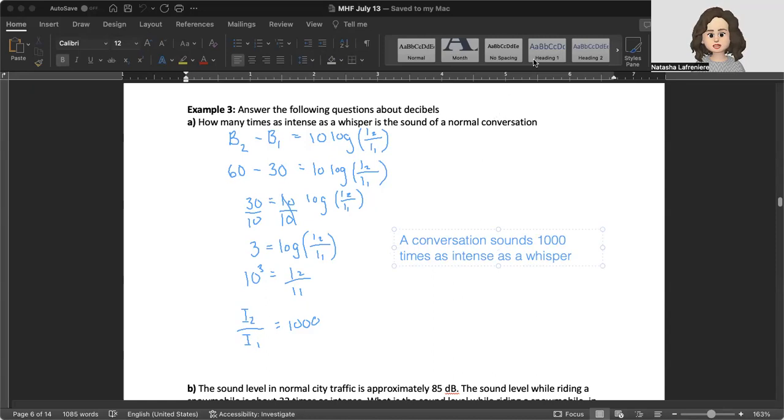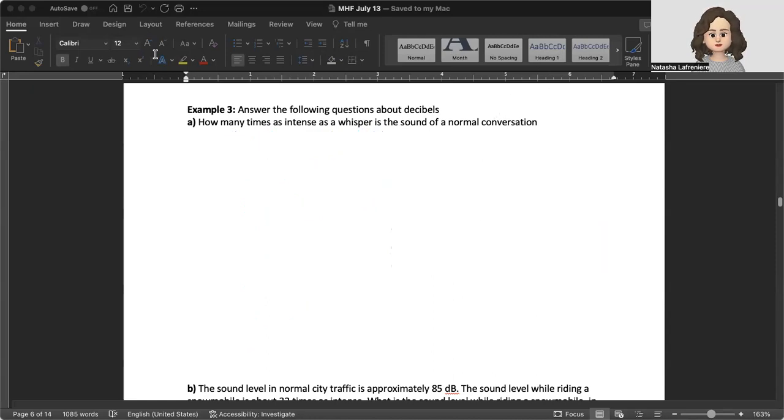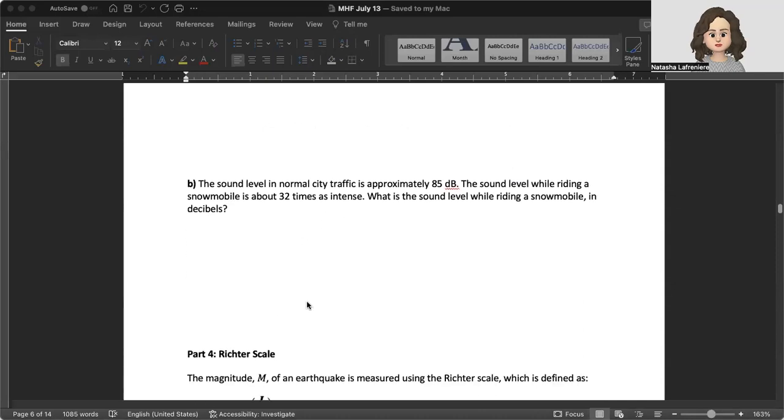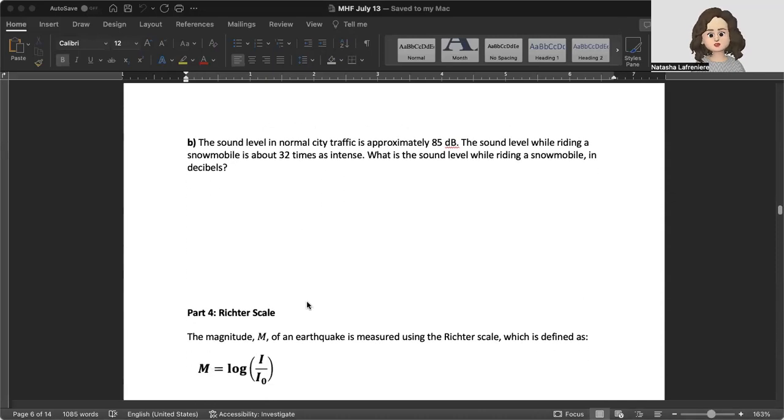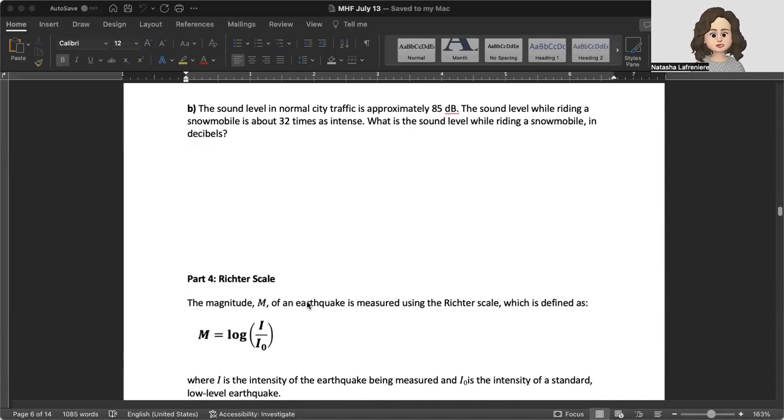So I'm clearing this. So the sound level in normal city traffic is approximately 85. The sound level while riding a snowmobile is about 32 times as intense. What is the sound level while riding a snowmobile in decibels?